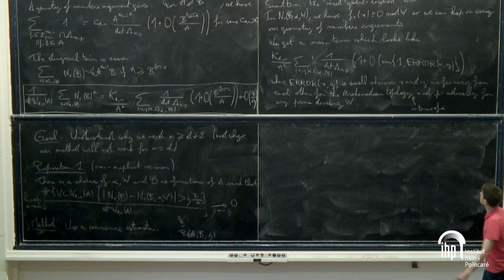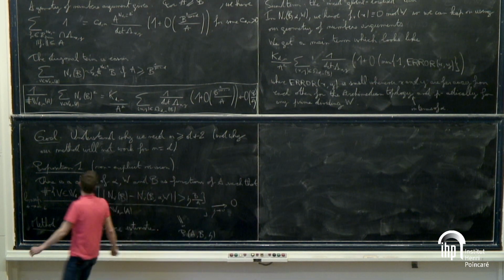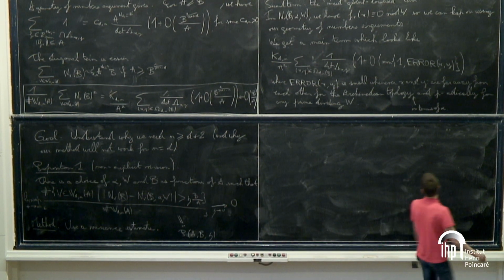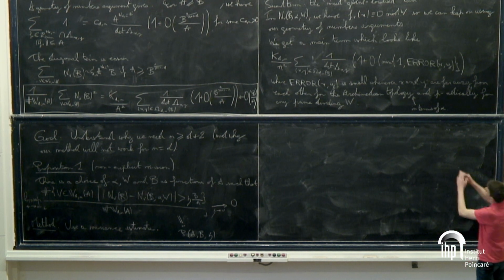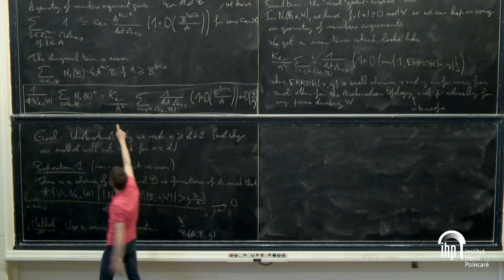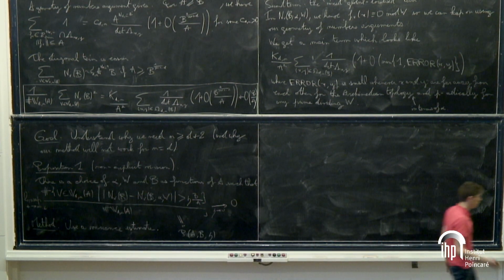Okay, so now there are two cases. Either x and y are far away from each other, both for the real topology and periodically for any prime dividing W, and then we're good because we get exactly the same term here and there. And if it's not the case, then we are in some kind of trouble.